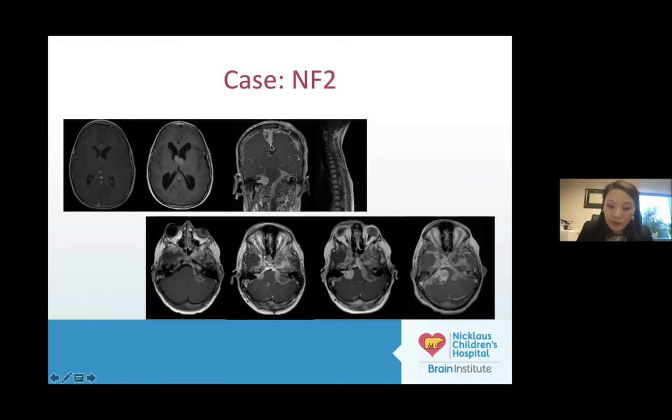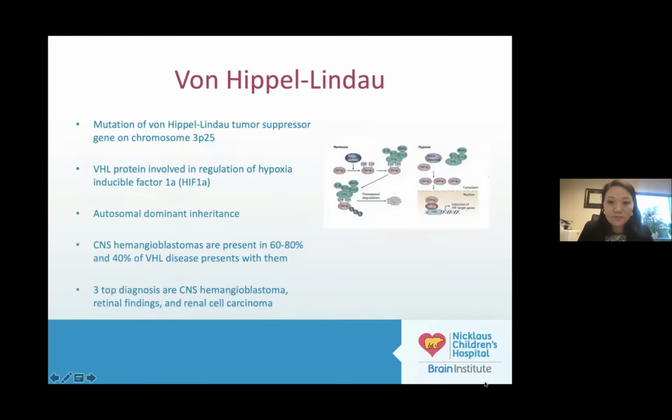Later on, developed meningiomas requiring resection, multiple spinal tumors as well, requiring spinal surgery, and then over a course of about 10 years, interval development of vestibular schwannomas bilaterally. This is something that you'll probably see in both the pediatric world, but also in the young adult world. It's definitely something that is worth noting.